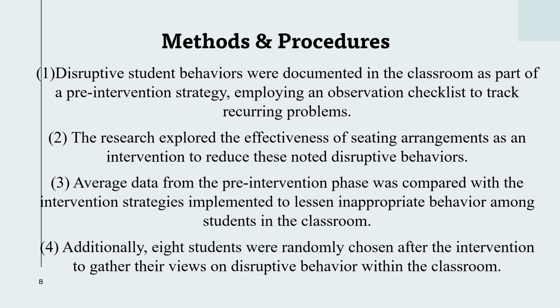The research explored the effectiveness of seating arrangements as an intervention to reduce these noted disruptive behaviors. 3. Average data from the pre-intervention phase was compared with the intervention strategies implemented to lessen inappropriate behavior among students in the classroom. And 4. Additionally, 8 students were randomly chosen after the intervention to gather their views on disruptive behavior within the classroom.